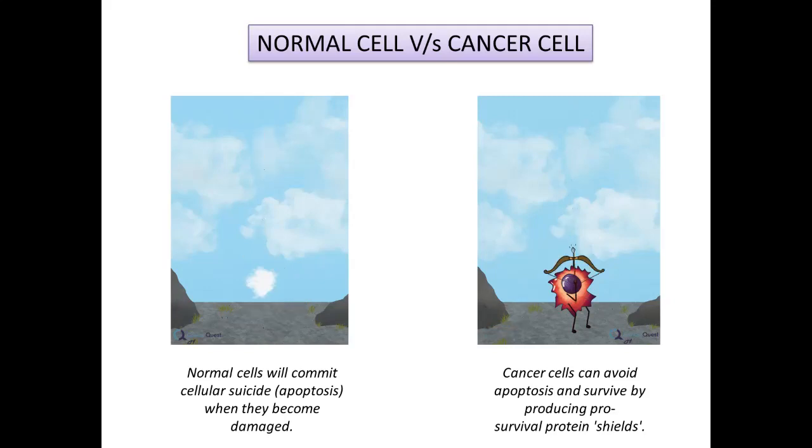This is the huge difference between a normal cell and a cancer cell. Now the biggest question is the treatment of these cancer cells, and how the cancer rate can be reduced among humans.